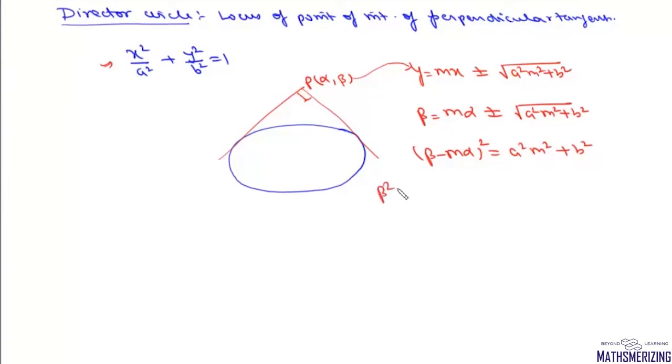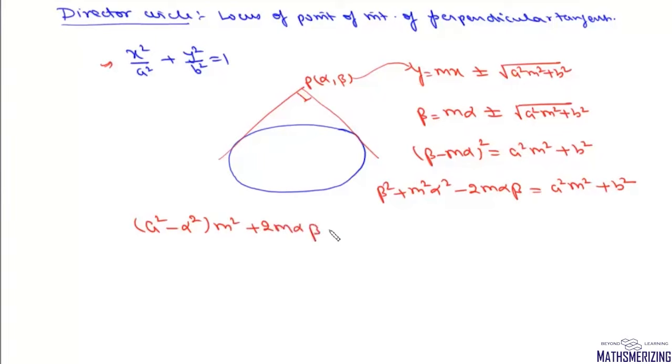So we'll get beta square plus m square alpha square minus 2 m alpha beta, and it will be a square m square plus b square. So we can actually write this equation as a quadratic equation in m. So we'll write it as a square minus alpha square m square plus 2m alpha beta, and then plus b square minus beta square equals to 0.